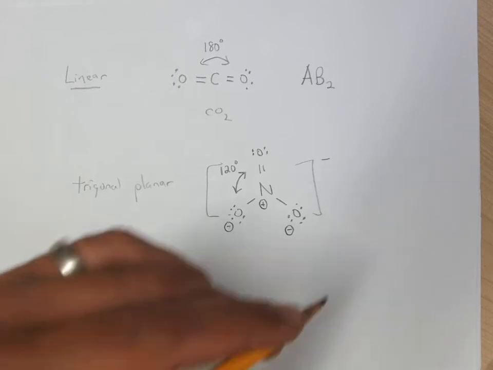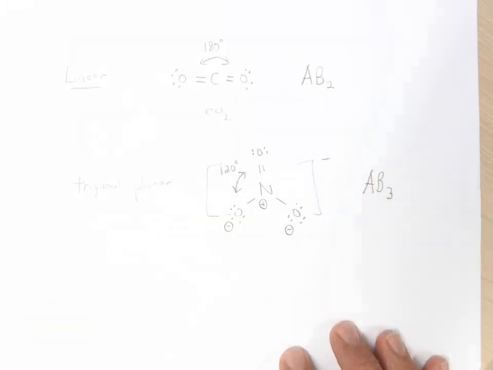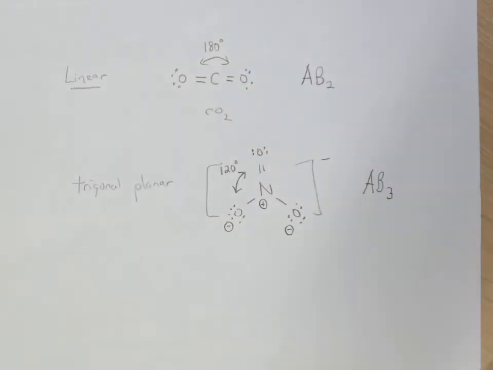And these are both cases where you have a central atom and a certain number of non-central atoms, but no lone pairs on the central atom.